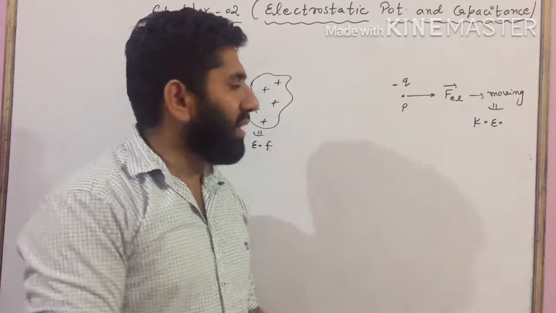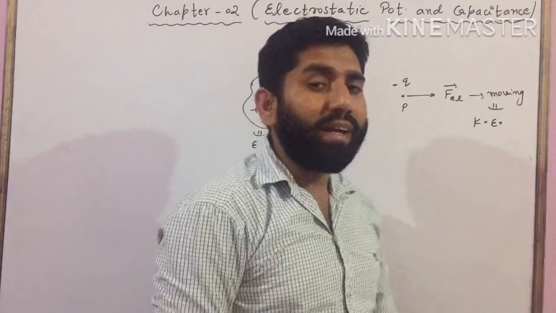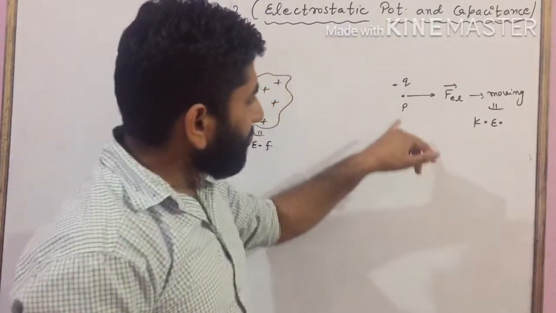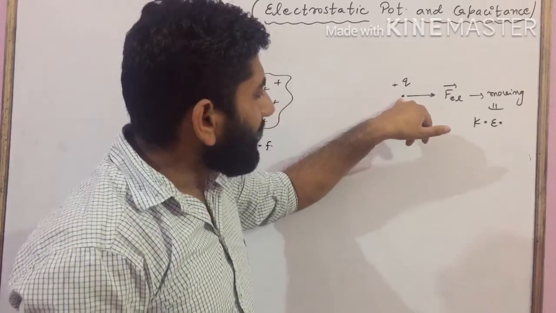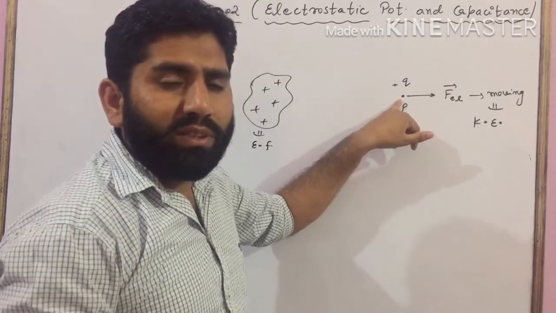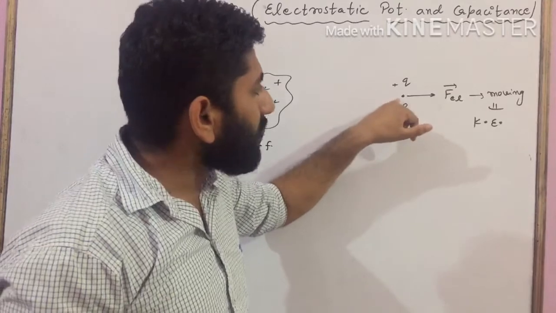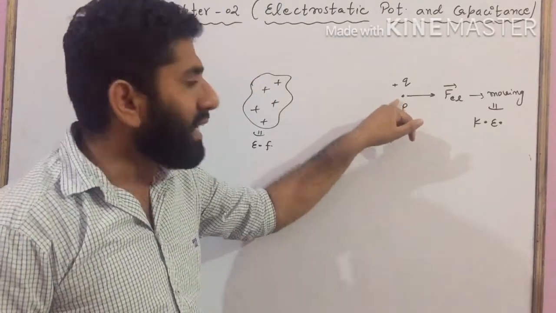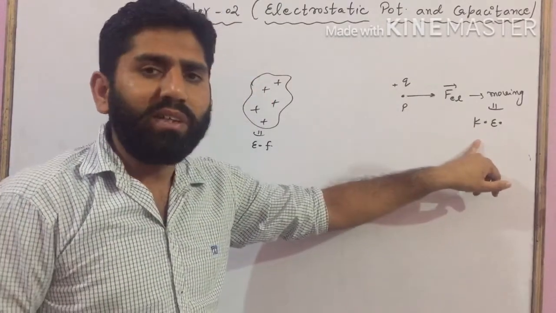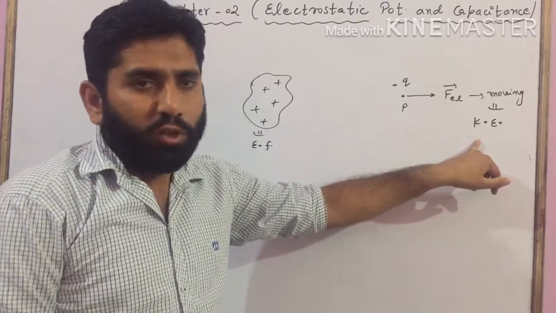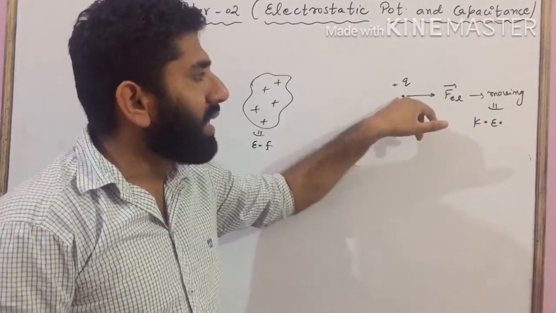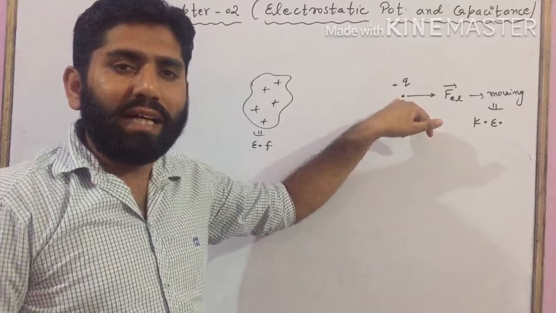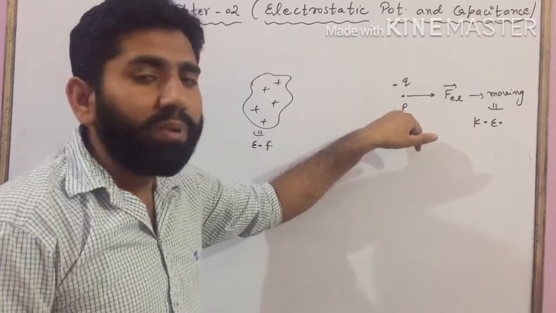But by conservation of energy, we know energy cannot be created. It means even at this point, when it was at rest, it should have some energy, which is being converted into kinetic energy. So that means some energy was stored in this charge when it was at rest at this point P.